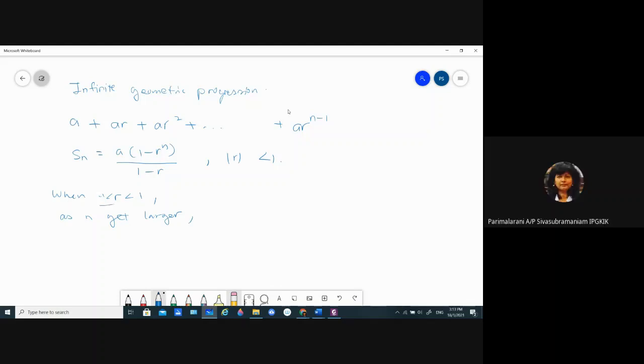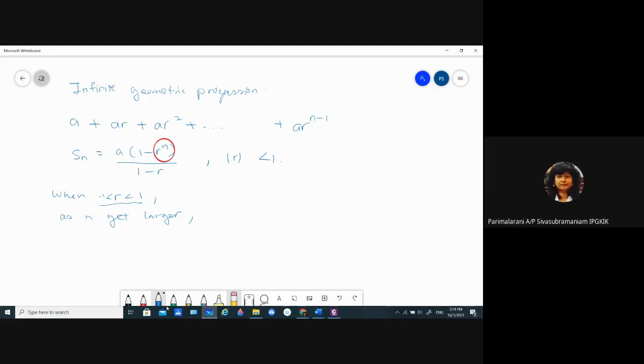When R is in this range, what happens to this value Rn when n gets larger and larger? Does Rn get larger or does it get smaller? Larger. Why larger?